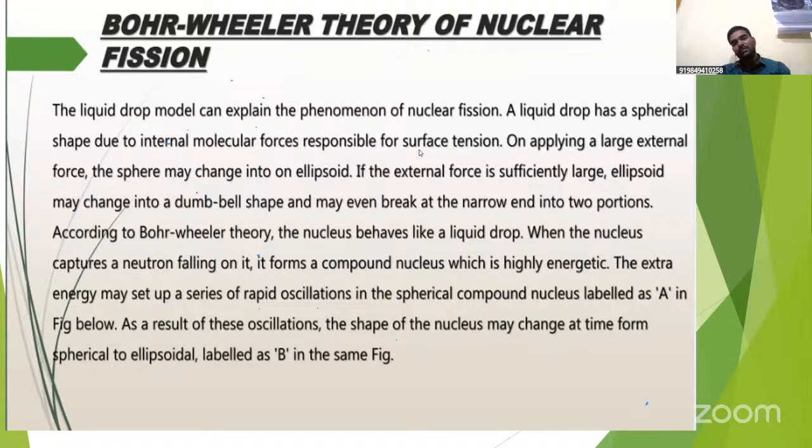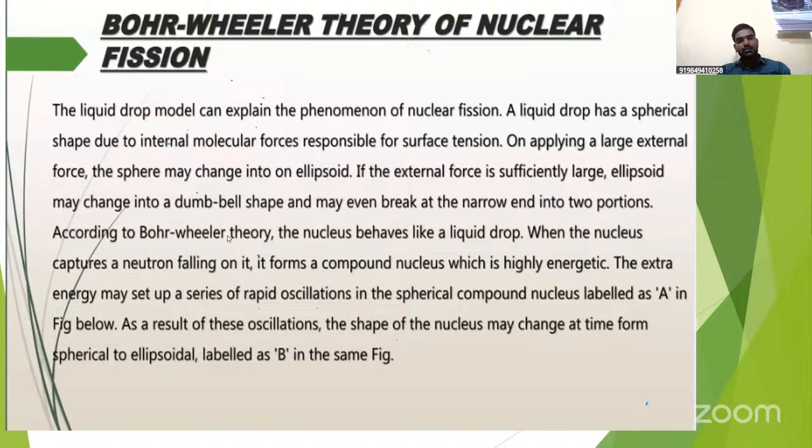But if you apply a force externally, it changes into an ellipsoid, the ellipsoid changes to a dumbbell shape, and the dumbbell shape will break down after some energy into two portions.